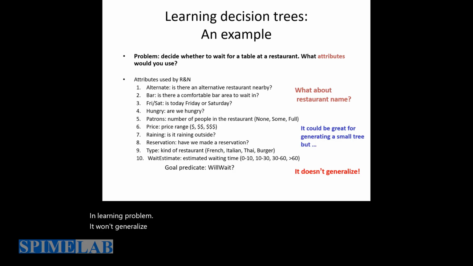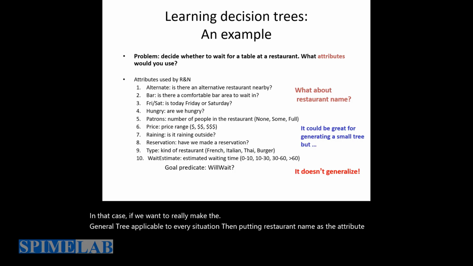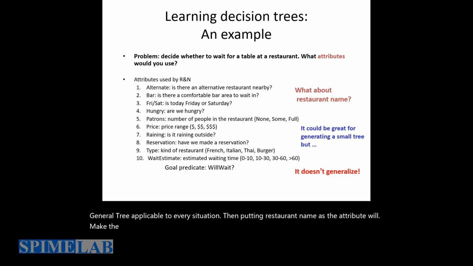We want to make a decision tree that works across the board for all possible situations in all cities, in all states. In that case, if we want to really make the general tree applicable to every situation, then putting restaurant name as the attribute will make the decision tree maybe shorter but naive, not generalizable.